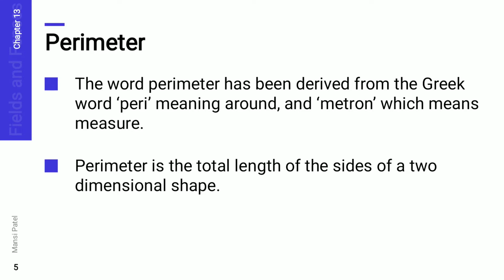The shape which has only two things is known as a two-dimensional shape. So, if you want to find out the perimeter of any shape, then it must be a 2D shape.